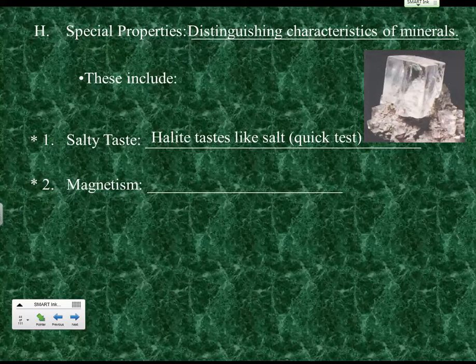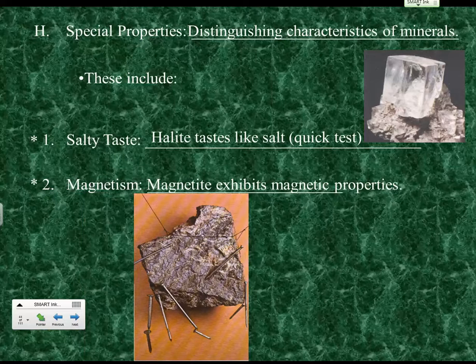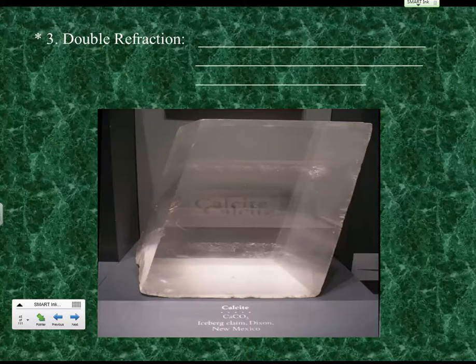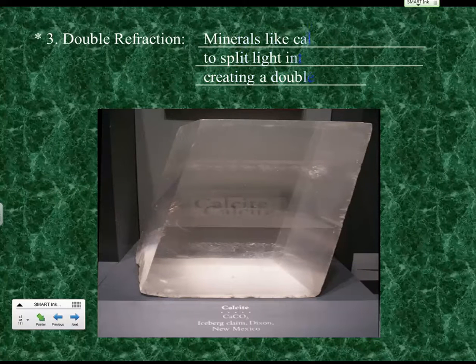Okay, the second special property here is magnetism. Minerals like magnetite exhibit magnetic properties. They will attract magnets, and some of them, like lodestone, a form of magnetite, will actually act as a magnet, used in old compasses. Third special property is double refraction.